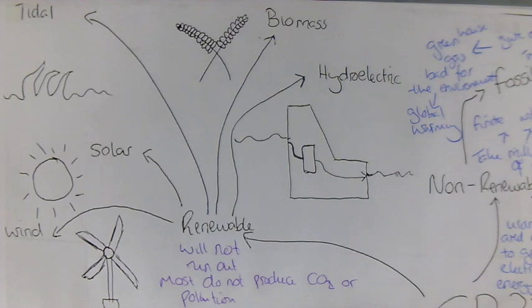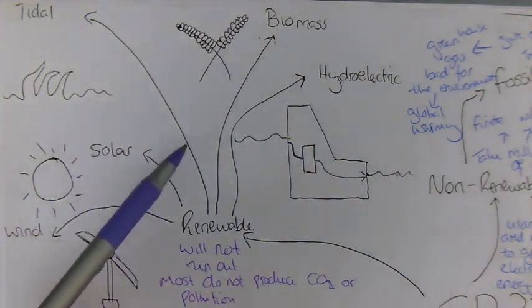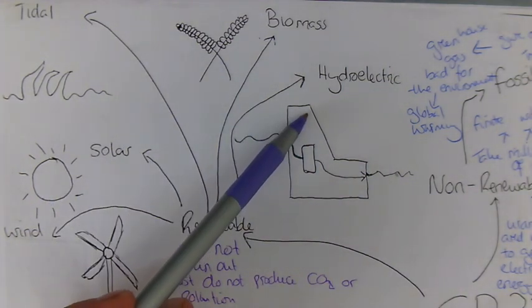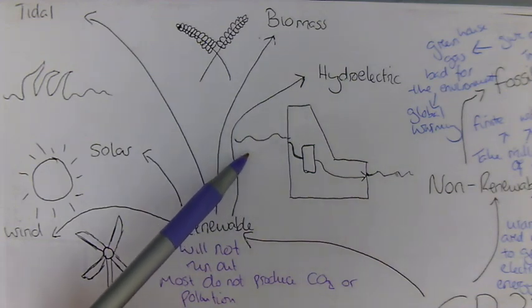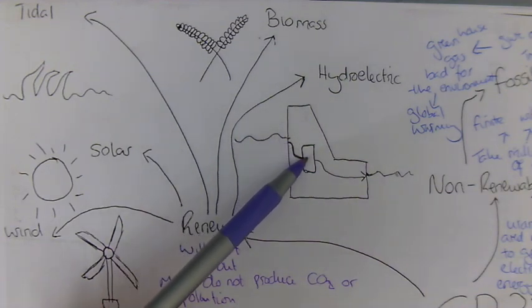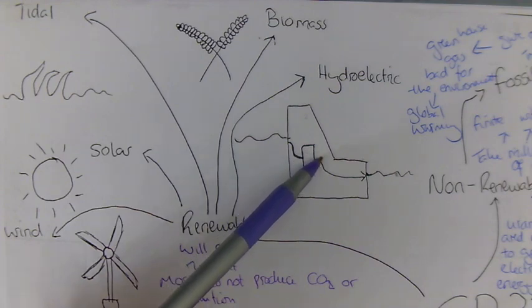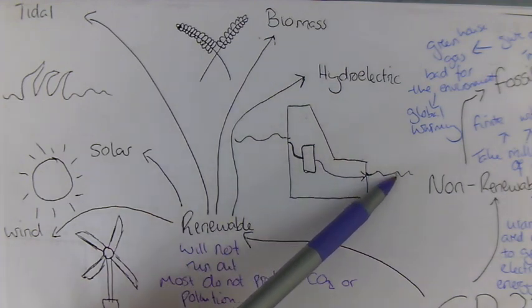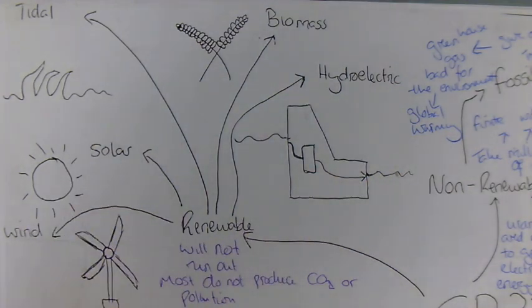Now we've got lots of different ways of doing this. We've got hydroelectric, which generates electricity from water behind a dam. If this is my water up here, it comes through my dam, it rotates the generator, allowing it to generate electricity, and then the water flows out.